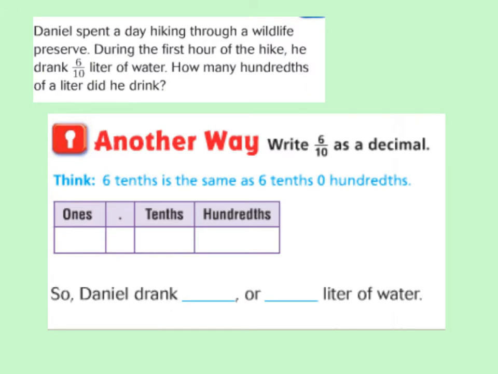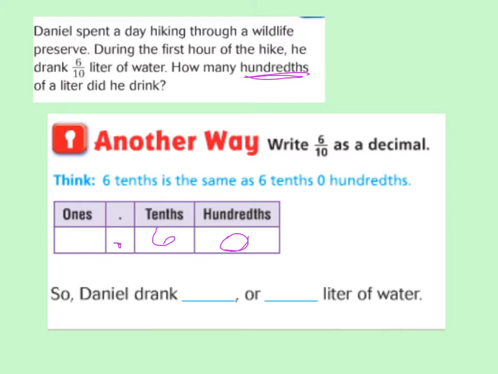Let's look at another way to do this. We're still on our problem where Daniel spent the day hiking through a wildlife preserve. We're trying to find out how many hundredths of a liter he drank that is equivalent to the 6/10. So we're going to write it as a decimal. I think of 6/10 as 6 tenths with 0 hundredths. And I put my decimal in, and I have no ones.